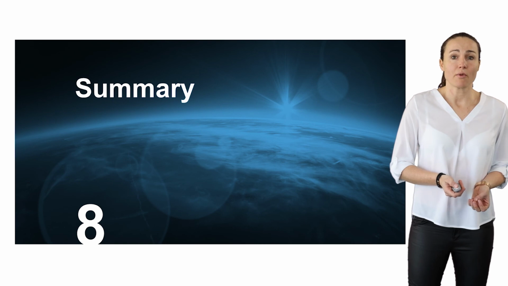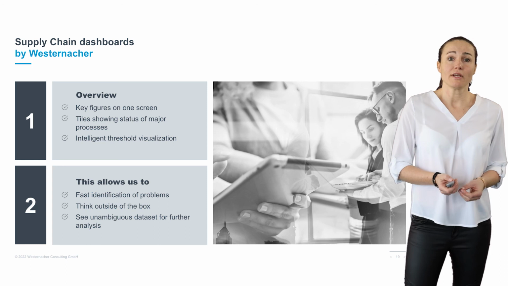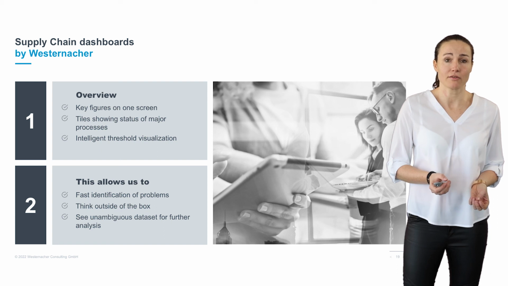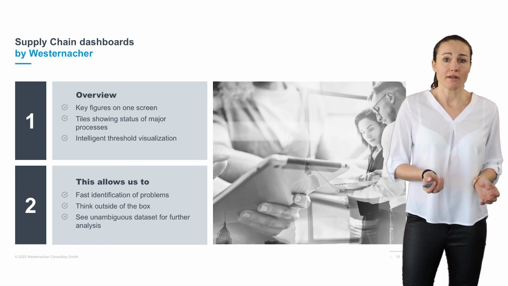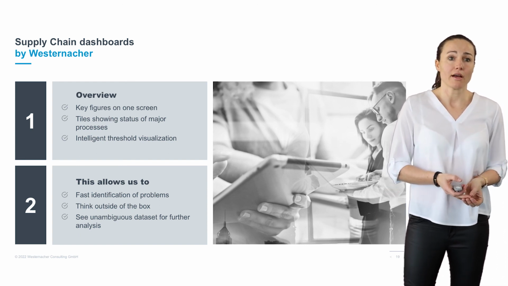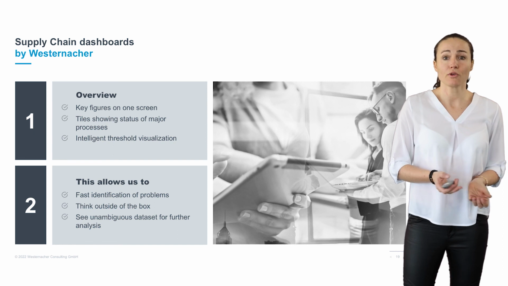So as a short summary, what have you seen on our dashboards? Our dashboards usually start with an overview screen where you find the most relevant key performance indicators, for example, the perfect order rate. Usually we sort them from top left to bottom right according to their importance. You could use thresholds where needed for fast identification of problems.